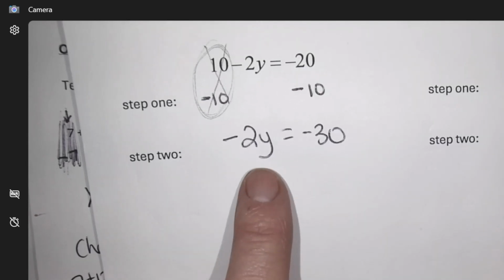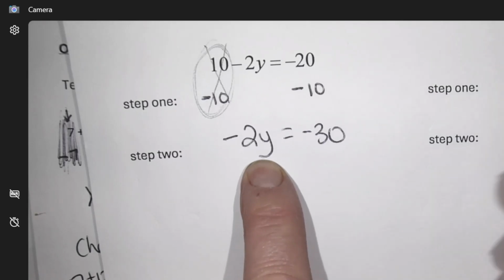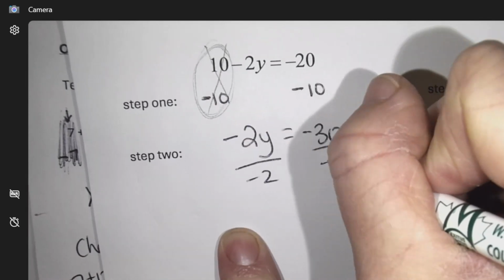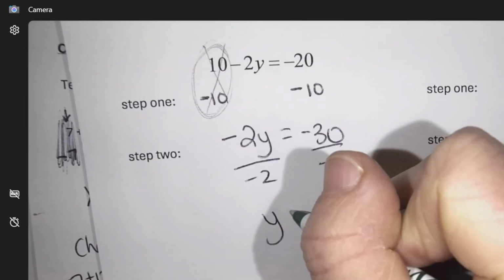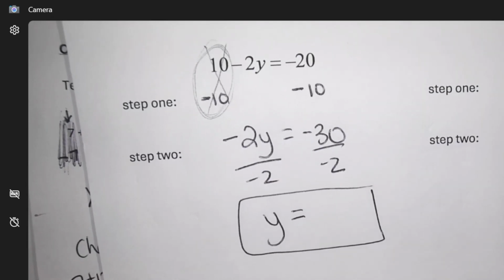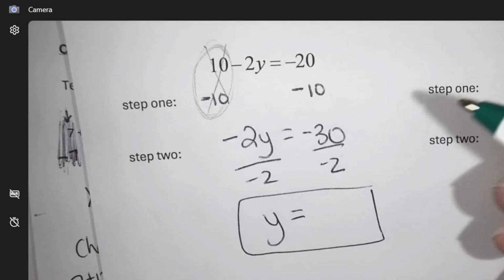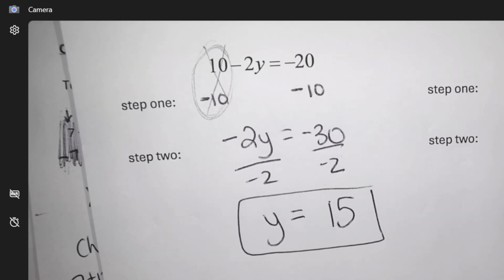What's happening with the y? Multiply, so I divide. And you should also remember two negatives make a positive.